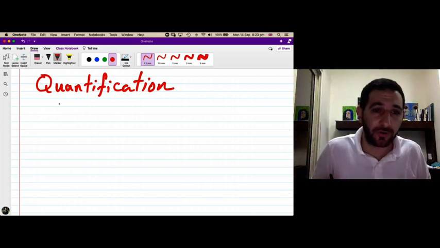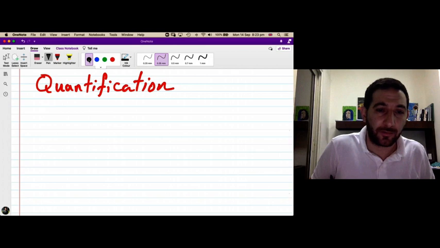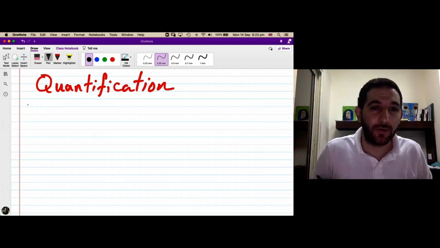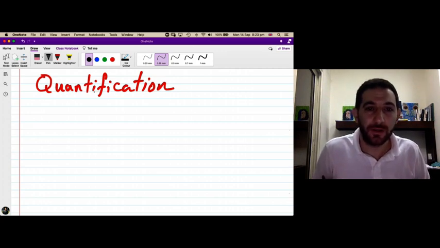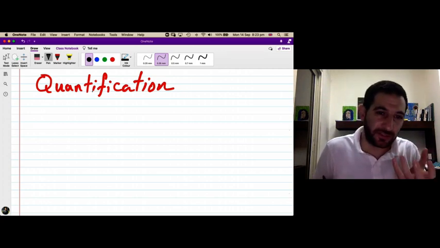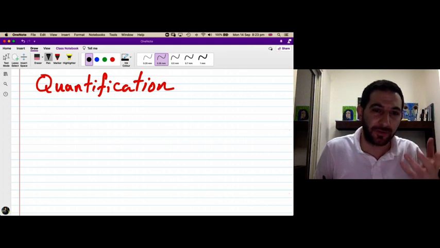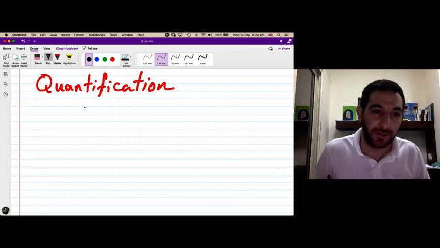All of these words represent some number or some quantity of objects. For example, we can say all birds have wings. We can say some people are trustworthy. So you see, we use these quantification words to talk about the number of some objects having a property.